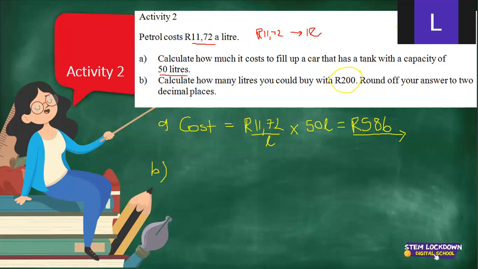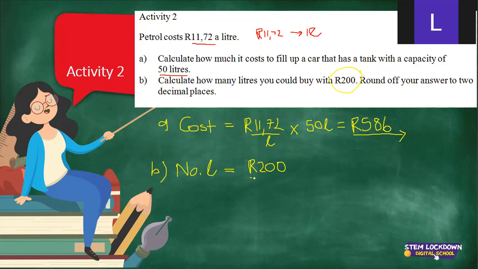One liter costs 11 rand 72. So in this case, for the number of liters, you will say 200 rands. I want to know how many times 11 rand 72 goes into 200.